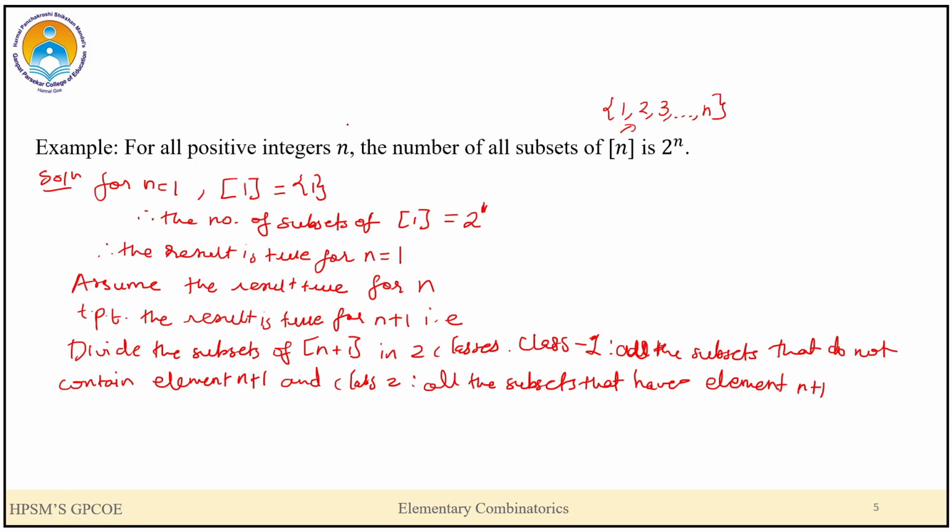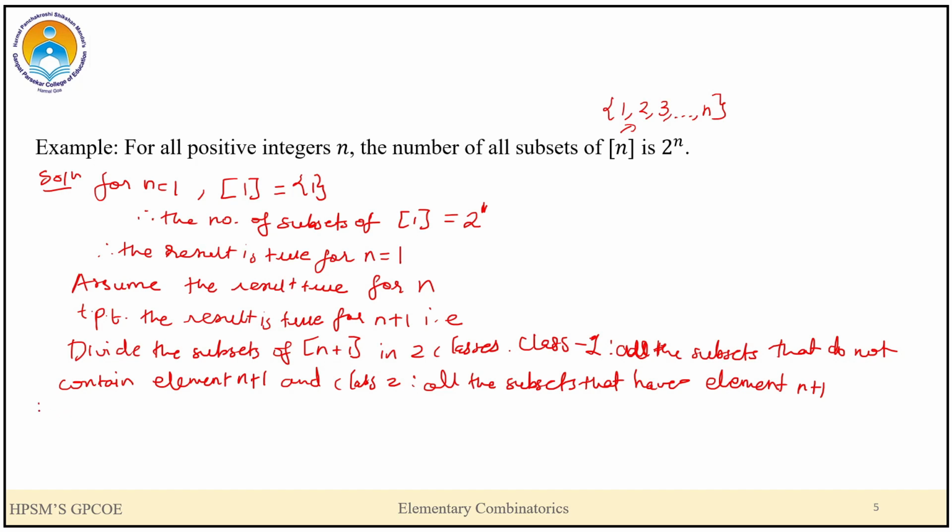Now in class 1, whatever subsets we have which do not contain n plus 1, that means they are subsets of [n], right? And by our assumption the number of all the subsets of [n] is nothing but 2 raised to n.